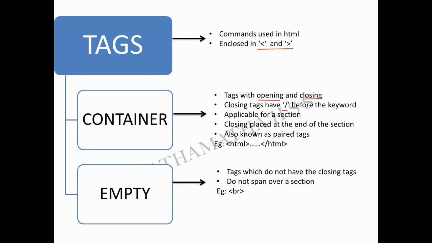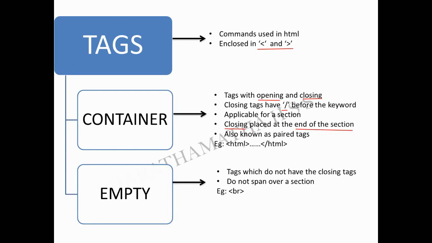The closing tag is placed at the end of the section. After placing all the contents you wanted to add, you are going to place the closing tag. That is what is meant by closing placed at the end of the section.